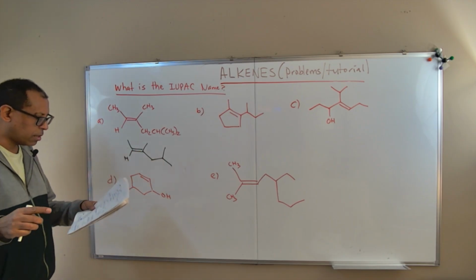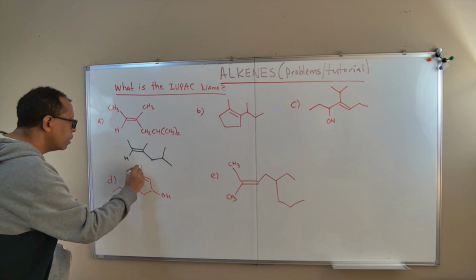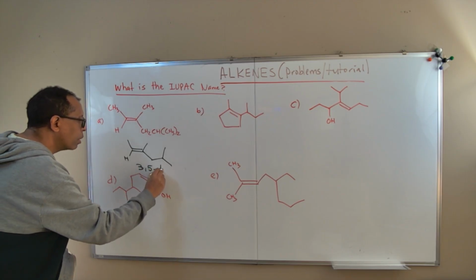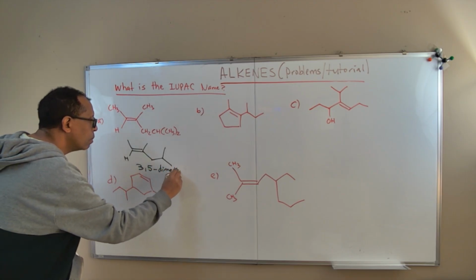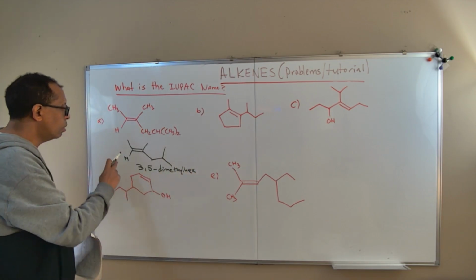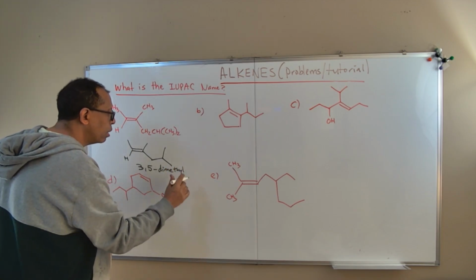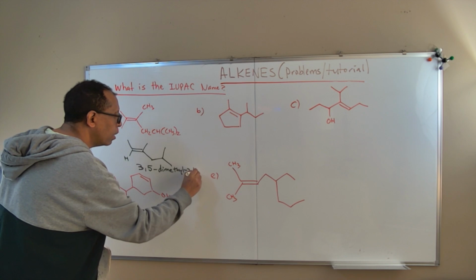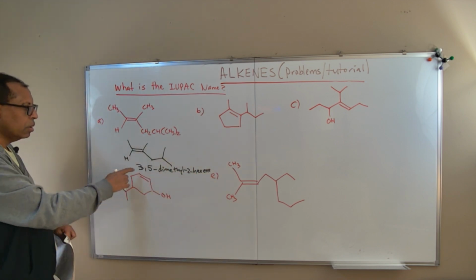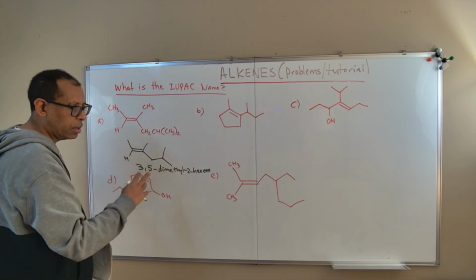So this is 3, 5 dimethyl hexene. The alkene is at the 2 position, so I will write 2-hexene, ENE, so don't forget. This is 3,5-dimethyl, 2-hexene.